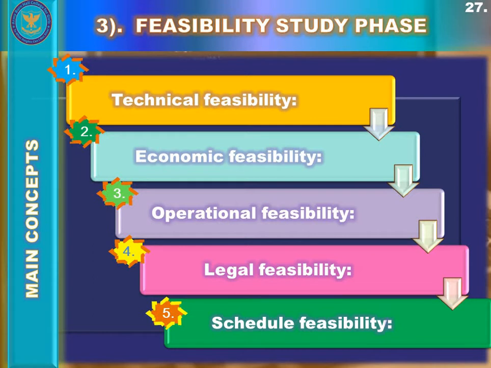He would assess the strengths and weaknesses of that proposed plan, the project charter, on the basis of 5 main checks. There are 5 main types of feasibility checks on the basis of which the system analyst would analyze that proposed charter, that proposed plan. And these 5 types of feasibility checks are technical feasibility, economic feasibility, operational feasibility, legal feasibility, and schedule feasibility.